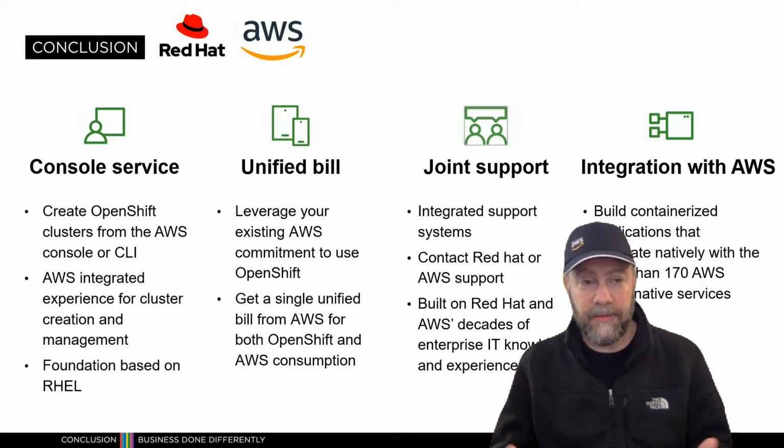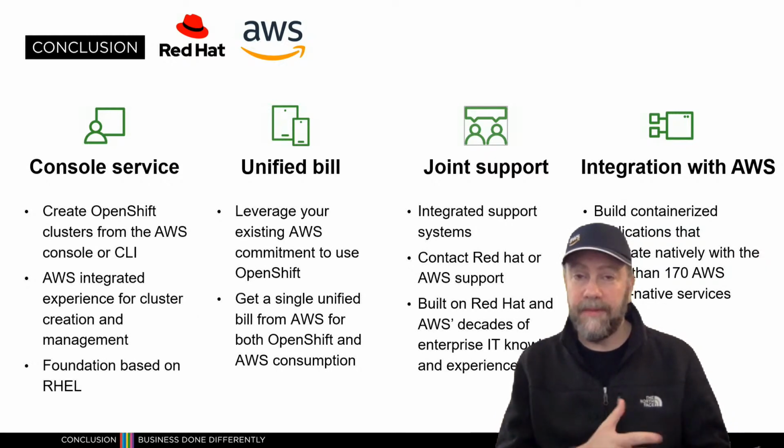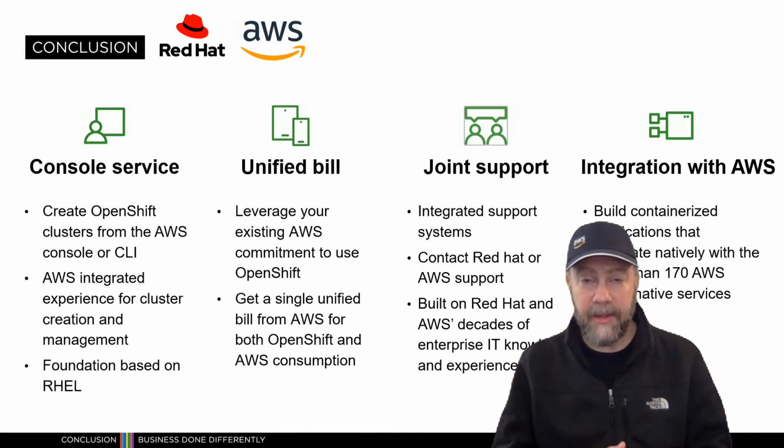So if you use a cluster for testing or you're running a pilot, you can stand up a ROSA cluster and use it for a couple of weeks and then tear it down, and you're only paying for those couple of weeks. So that's a new way of paying for OpenShift, which we think our customers are really going to like. And by the way, you pay for it in a unified bill with AWS at the end of the month.